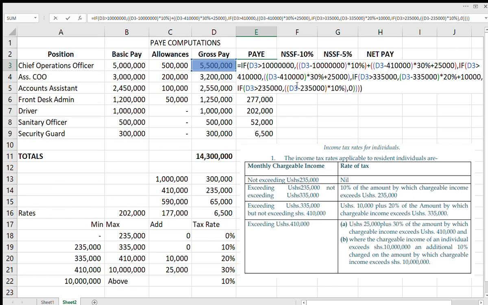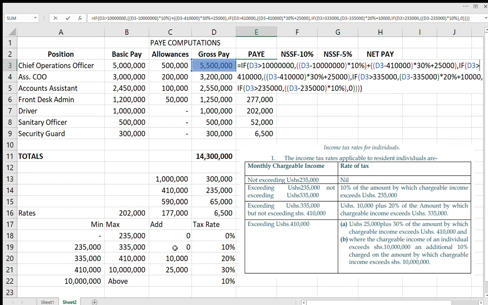Okay, it's greater than 410. Now at least this person is only lying in this range. That's what we have done. Yeah, we are saying is exceeding 410. We multiply it by 30%, then add 25%.